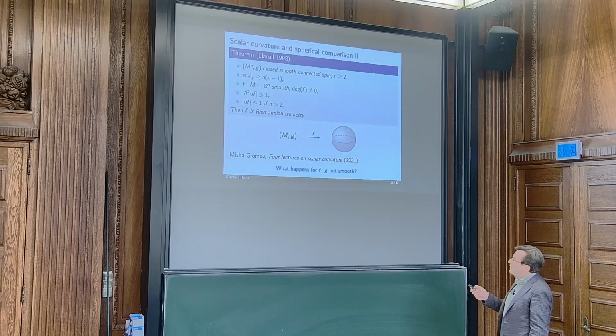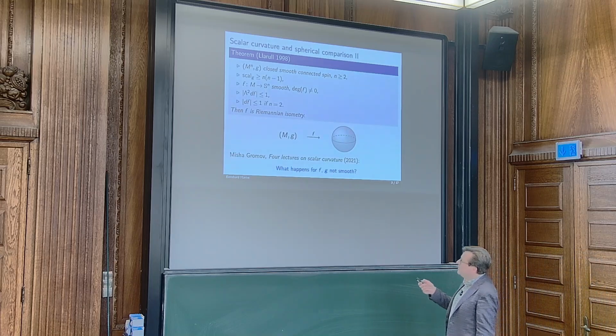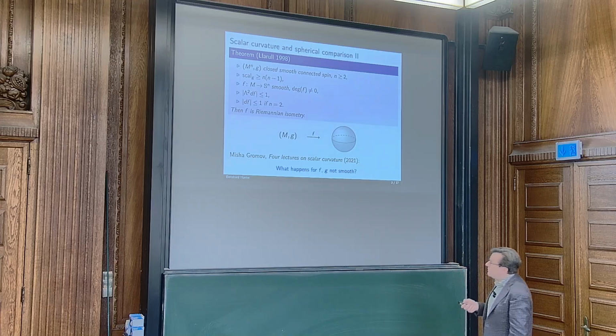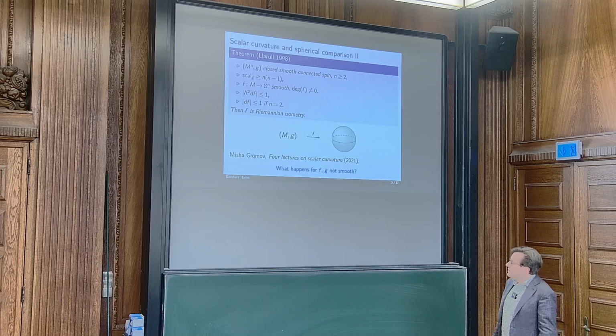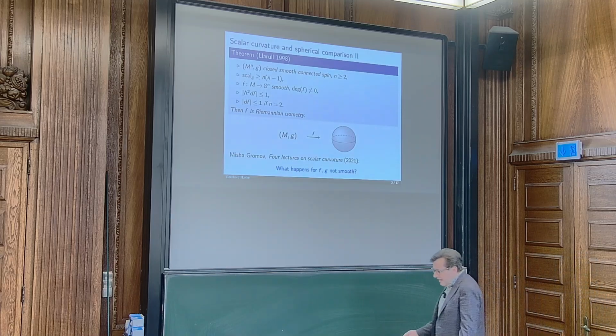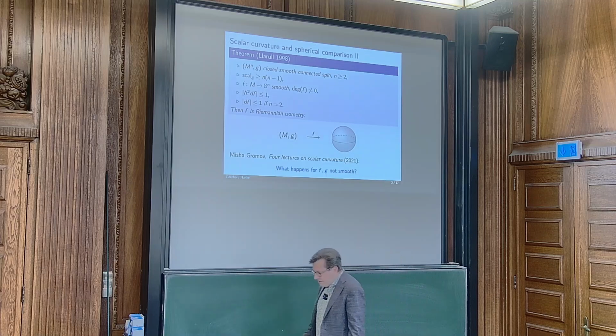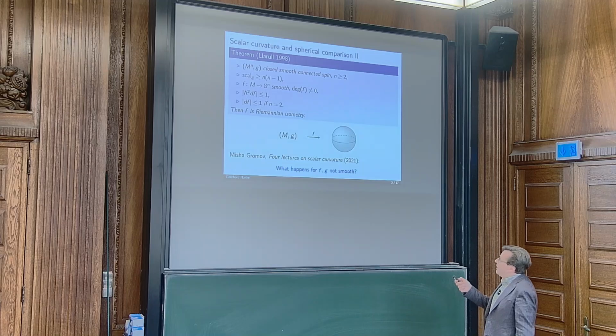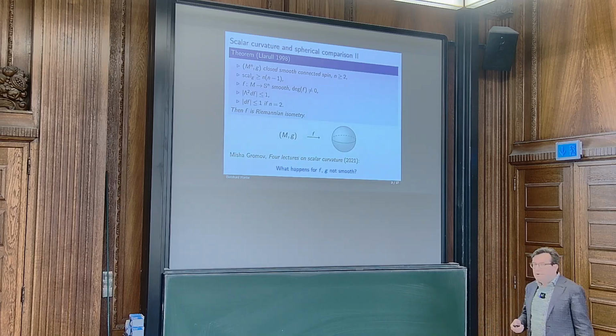So this is a weaker condition than this one, but in dimension 2 we need this condition. And then f is a Riemannian isometry. This is quite remarkable. It's actually sort of unheard of, I would say, because this is the round sphere here, and then this manifold M can be anything, any metric, and we know almost nothing about it apart from these rather weak conditions.